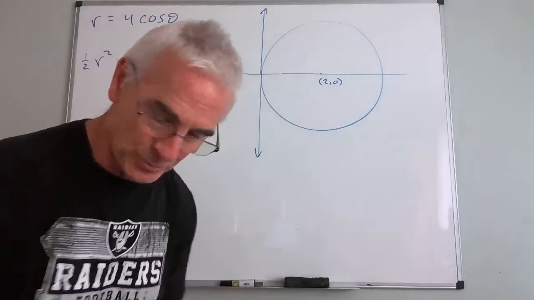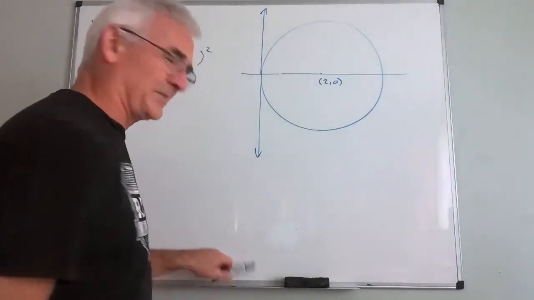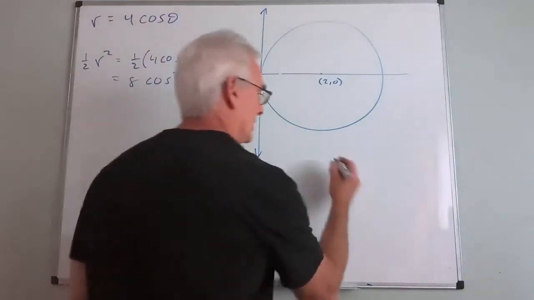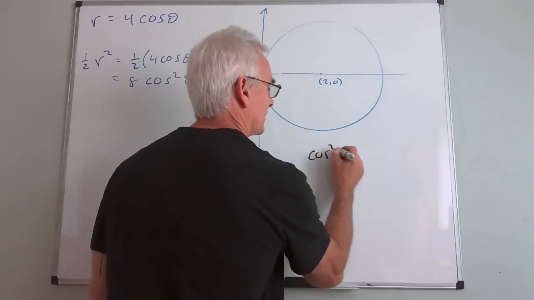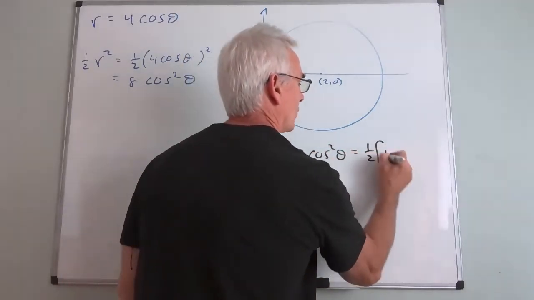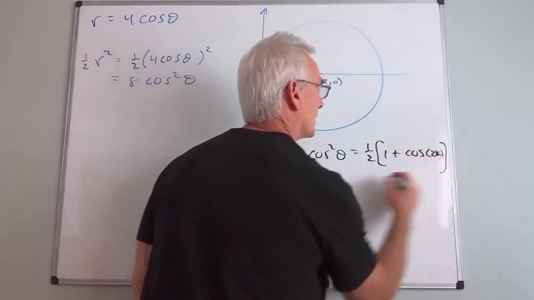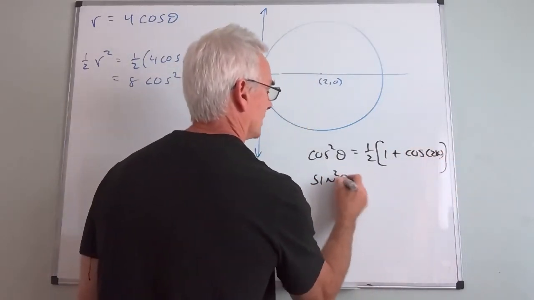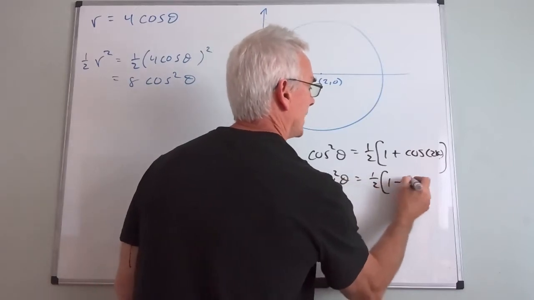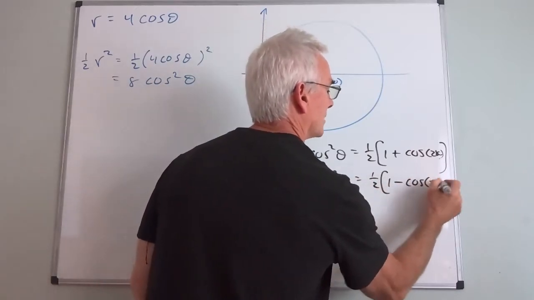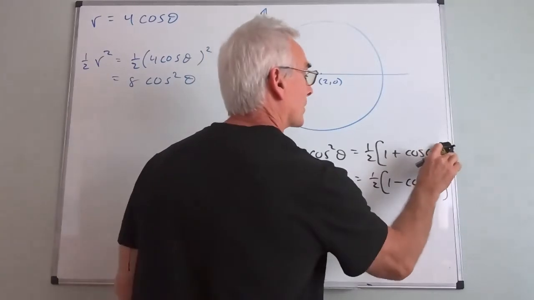Those are things you really want to know at this point in your life. The cosine squared of theta we know is 1/2 times (1 plus cosine of 2 theta). And sine squared is 1/2 of (1 minus cosine of 2 theta).